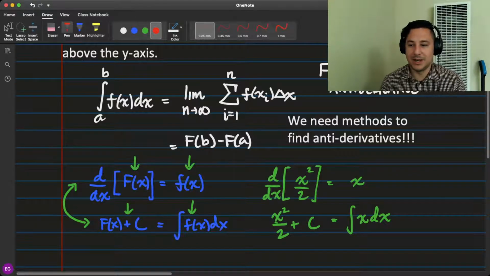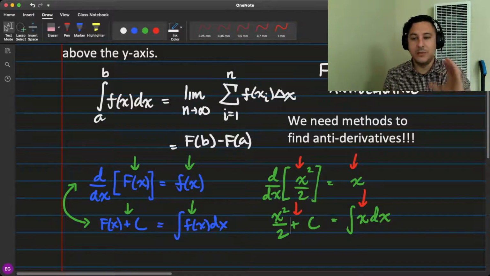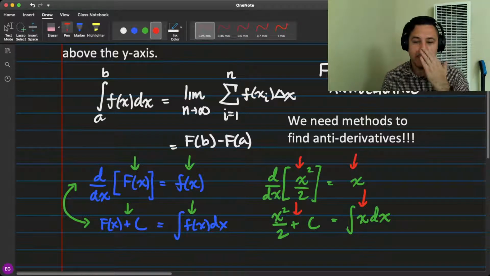So let's look over here. The derivative of x squared over 2 is x, which means that the antiderivative of x is x squared over 2. So you can rewrite derivative statements as antiderivative statements.